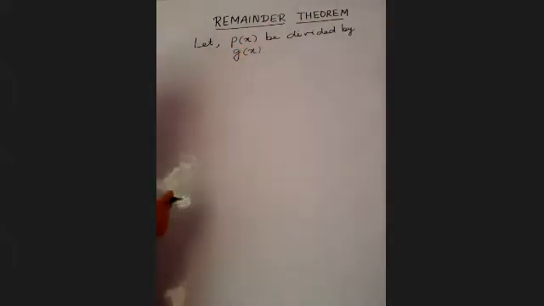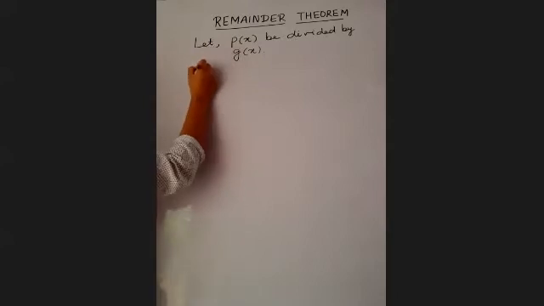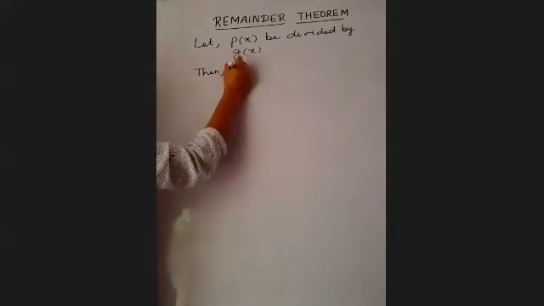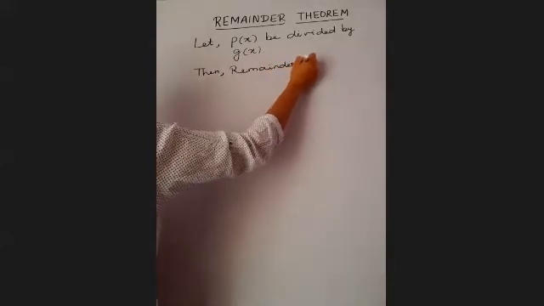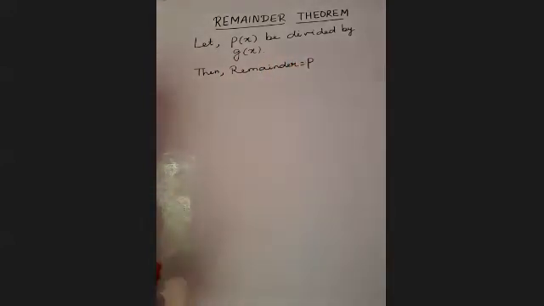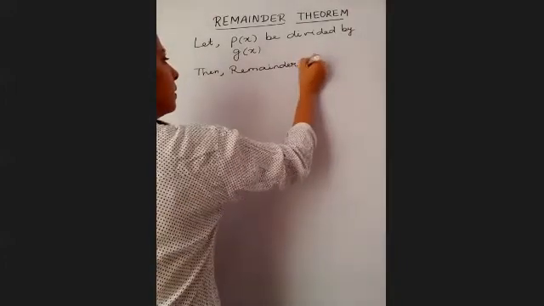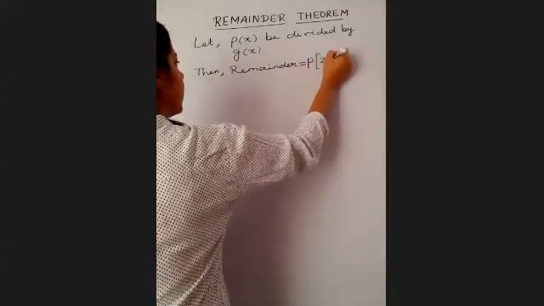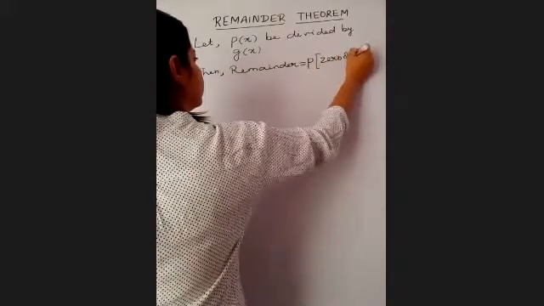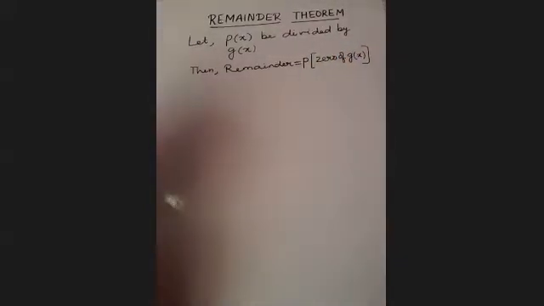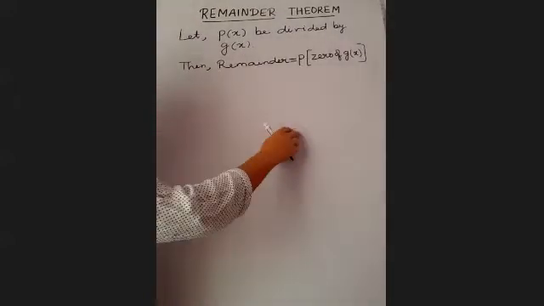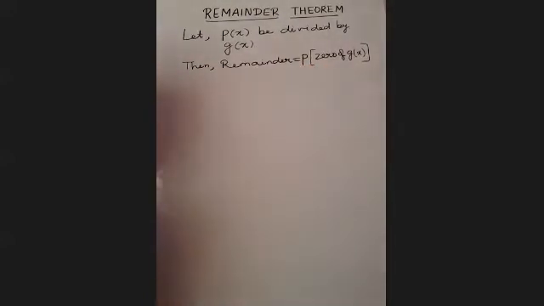And this theorem says that the remainder will be given by p of the zero of g(x). Now, what does it mean? Let us understand.